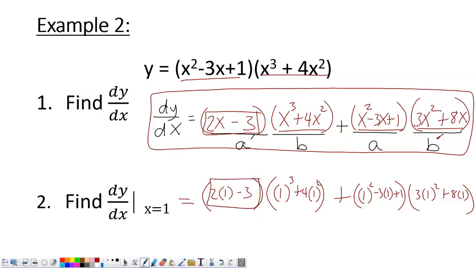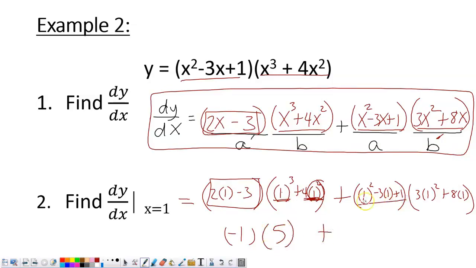What's 2 times 1 take away 3? Well, that's negative 1. 1 cubed plus 4 times 1 squared. Okay, so 1 cubed is 1. Over here you have to do the 1 squared first, so that's 1 times 4 is 4. So I have 1 plus 4, which is 5.